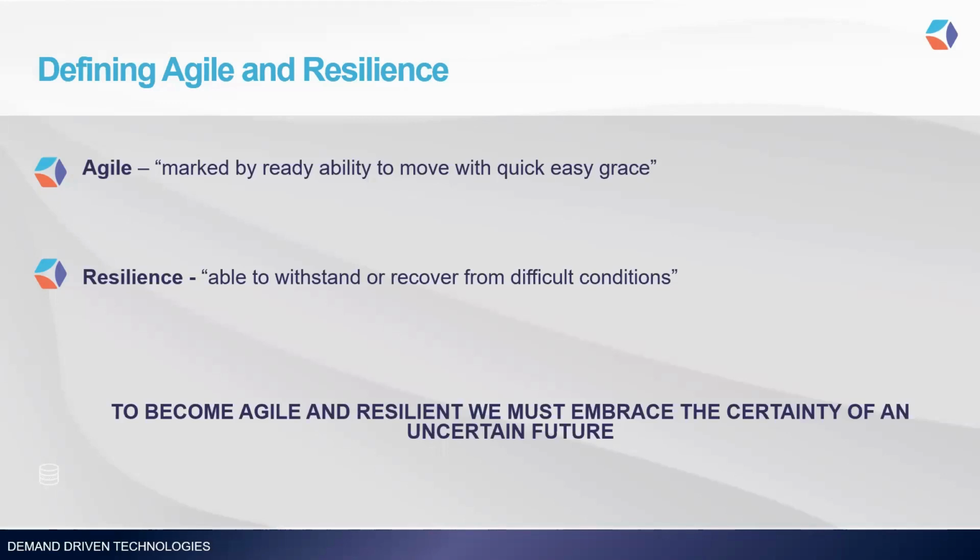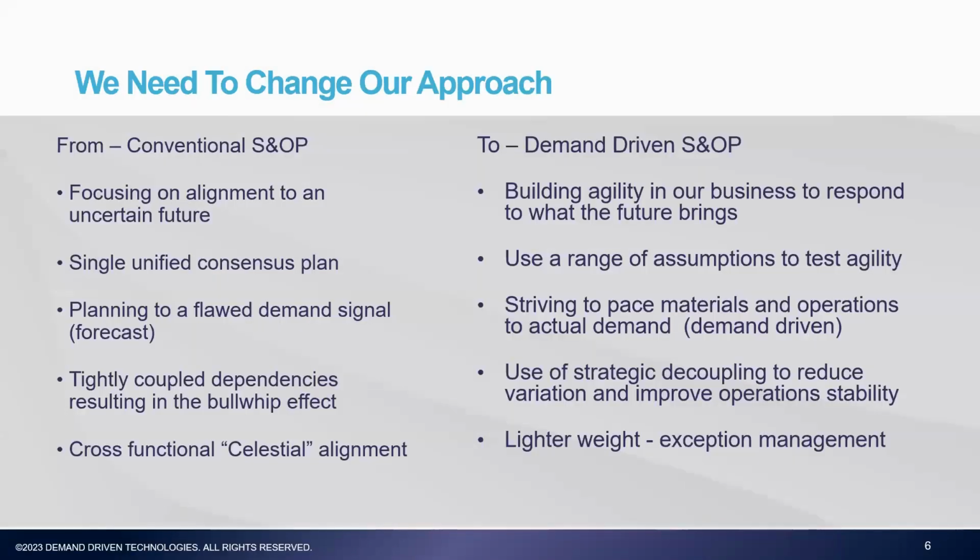So we have to change our mindset from saying, hey, I can preordain what we're going to sell, how we're going to supply it, and line everything up, to instead saying, what are the horror stories or issues that are going to impact us or potentially could impact us? And how do we give ourselves more ability, through agile responsiveness and resilient ways of working, to deal with those uncertainties in a better way? So embrace the certainty of an uncertain future, and a lot of things are going to get better from that. But now, how do you do that? It's one thing to say it, it's another thing to go do it.